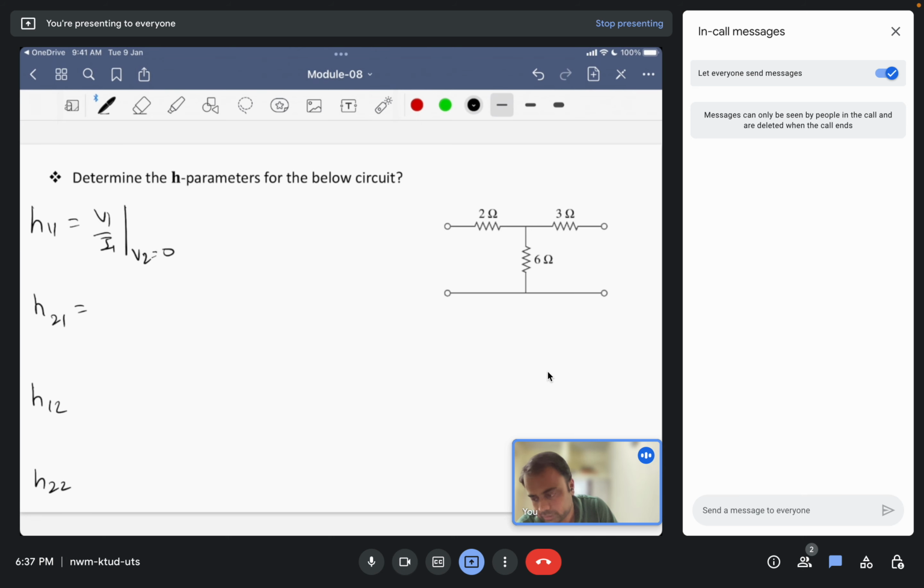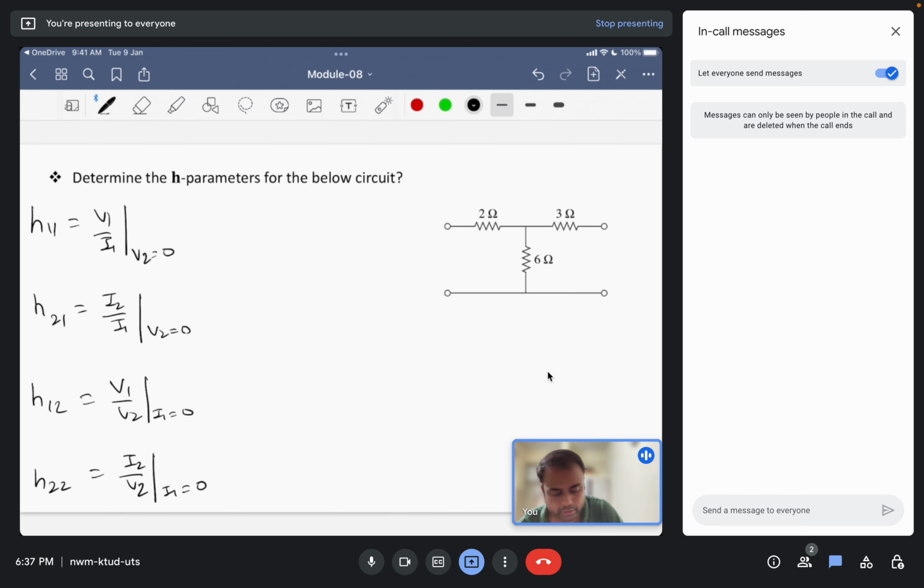H21 is I2 by I1. These are mixed parameters. First one is impedance, second one is dimensionless, given V2 equals 0. The third one is again dimensionless, V1 by V2, given I1 is equal to 0, and finally we have I2 by V2, that is admittance, given I1 equal to 0.